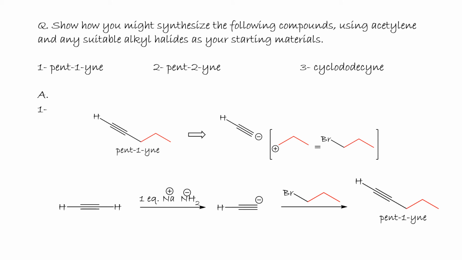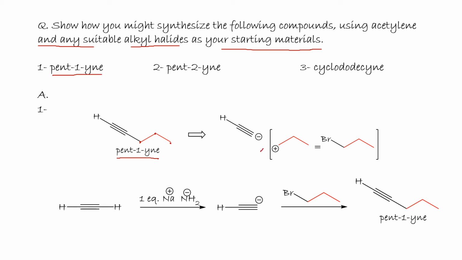Show how you might synthesize the following compounds using acetylene and any suitable alkyl halide as your starting materials. Number 1, 1-pentyne. 1-Pentyne, this is the structure. We add here 3 carbons.